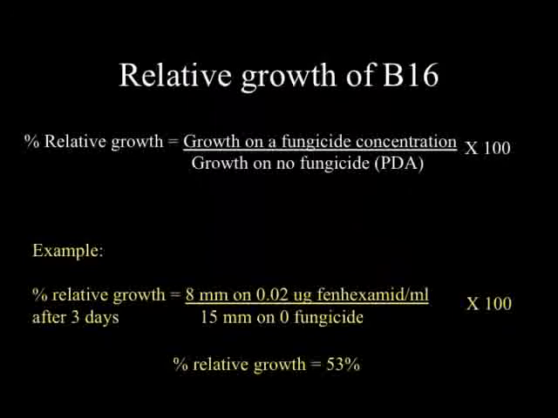Another way to analyze the data is to compare the amount of growth on a particular concentration of fungicide versus the amount of growth of that isolate on an agar plate with no fungicide. And that's called the percent relative growth. So the percent relative growth equals the growth at a fungicide concentration divided by the growth on 0 fungicide times 100.